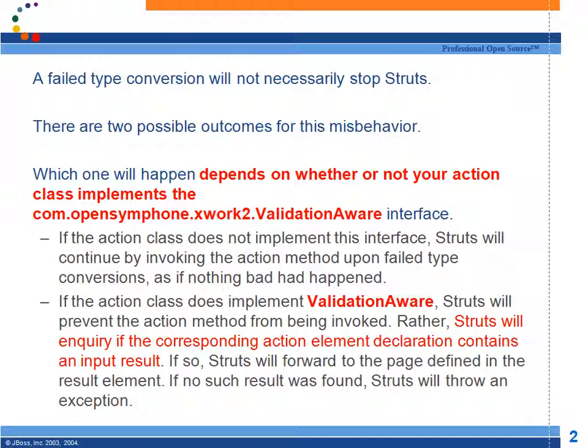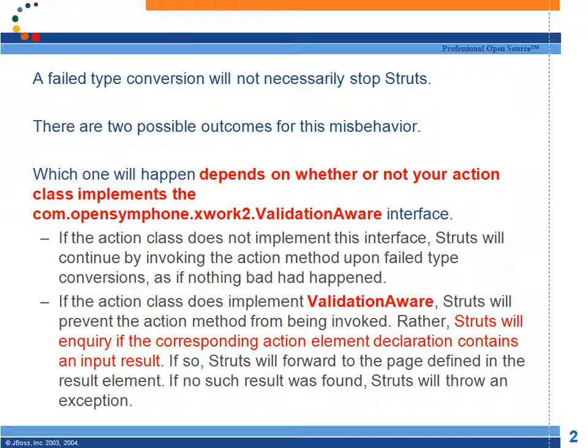If the action class does not implement this interface, Struts will continue by invoking the action method upon the failed type conversion as if nothing bad has happened. So what will Struts do? It will call the execute method normally as if nothing has happened, right?